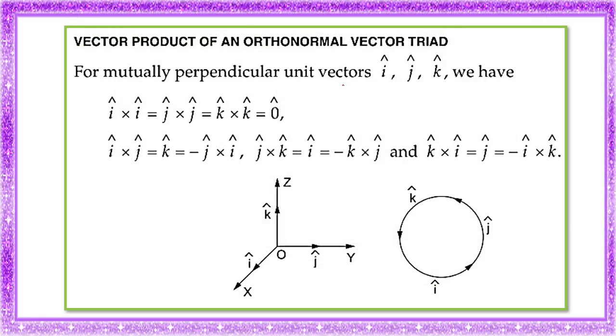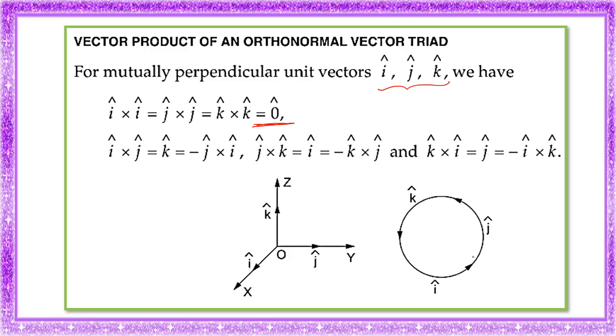Now vector product of an orthogonal vector triad, for mutually perpendicular vectors like this: x-axis, y-axis and z-axis. All three axes are mutually perpendicular. Right now here we are talking about unit vectors i, j and k. We have i cross i, j cross j and k cross k, all are going to be 0. Why 0? Because definitely the angle between them is 0. i cross j will be equal to k, right? Take the help of this circle, i cross j will be equal to k.